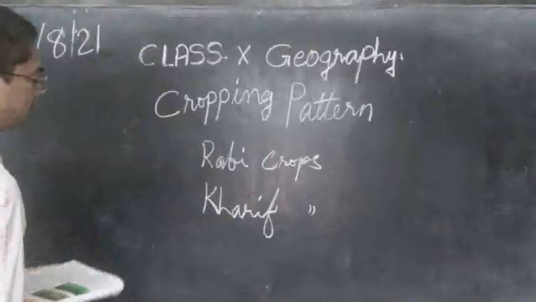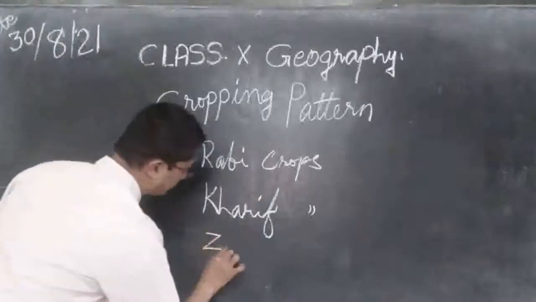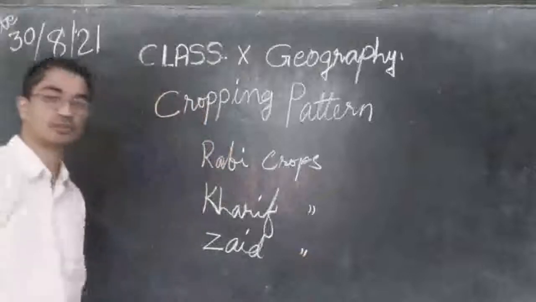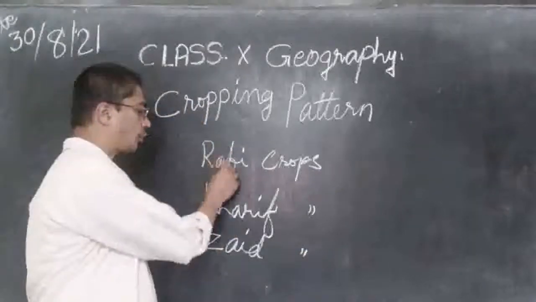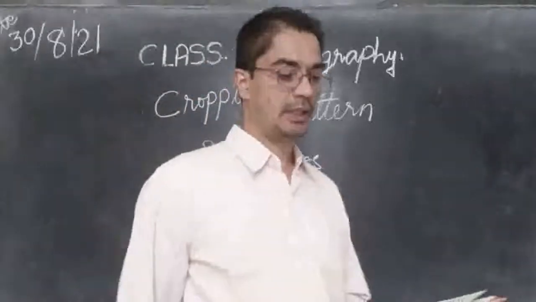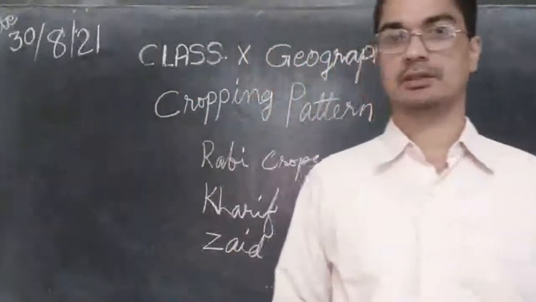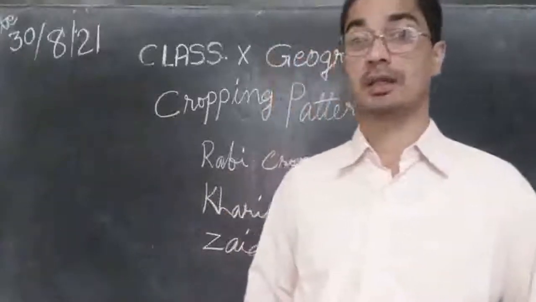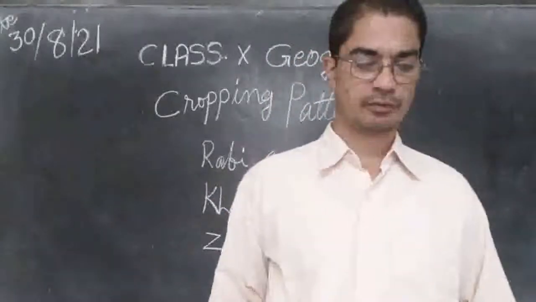Then what is the next one? Zaid crops. So these are the 3 cropping seasons in our country. You can underline in your textbook: India has got 3 cropping seasons: Rabi crops, Kharif crops and Zaid crops.